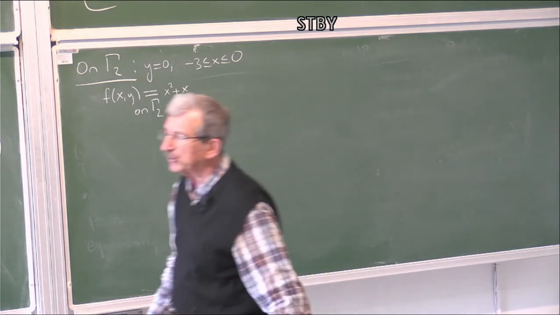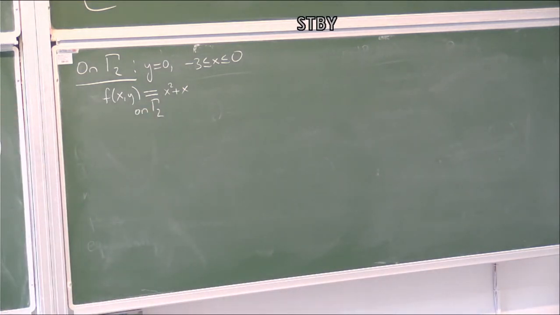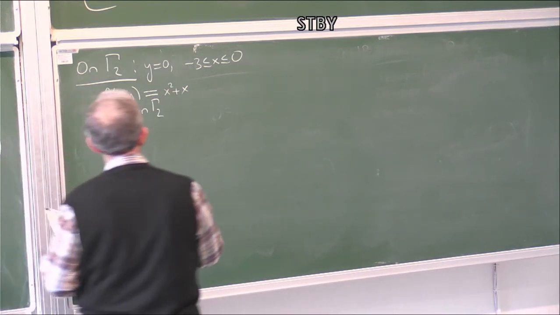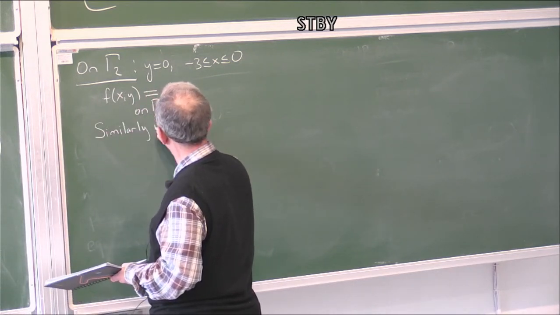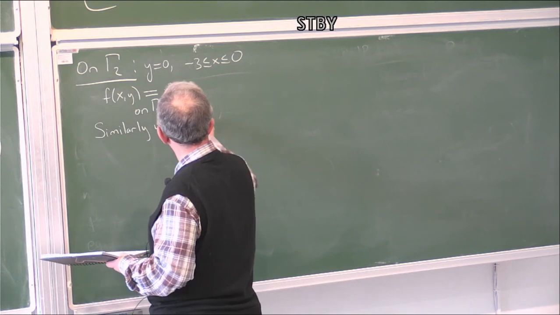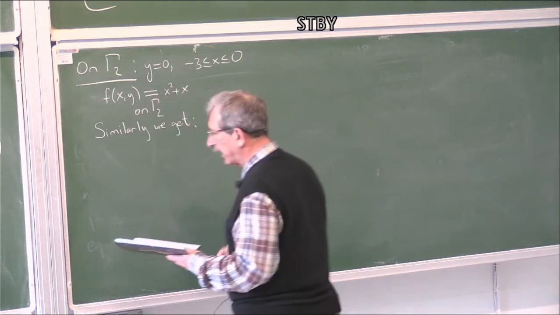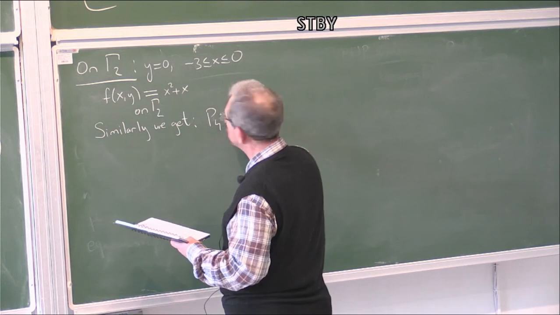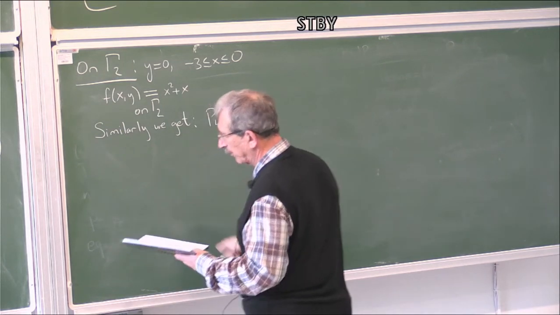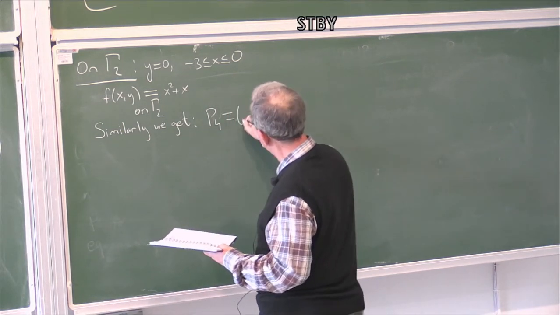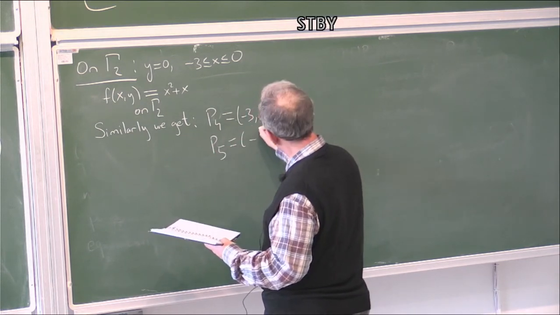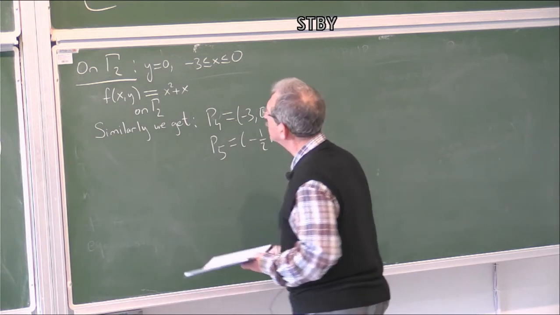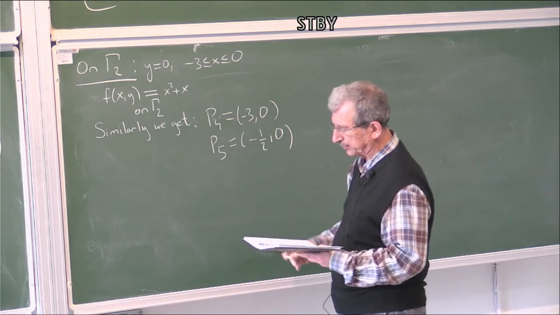This means that we don't have to calculate again. We can directly use the points, changing the places of x and y. So similarly, we get some more points. We get P4, for example, which is minus 3, 0. And we get P5, which is minus 1/2, 0, because y is 0 now, x changes.